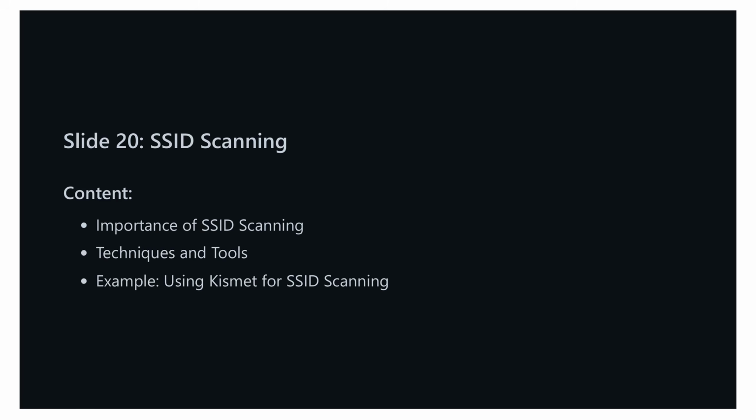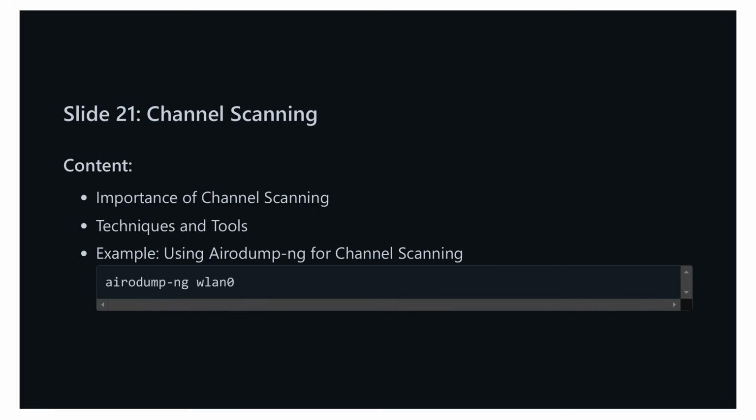This will include discussing its importance, various techniques and tools, and how to use tools like Airodump-ng for this purpose. Continuing from our discussion on SSID scanning, in this slide, we will delve into the concept of channel scanning. Channel scanning plays a crucial role in wireless network analysis, as it helps identify which channels are being used by nearby Wi-Fi networks, which can be useful for diagnosing network issues and optimizing performance.